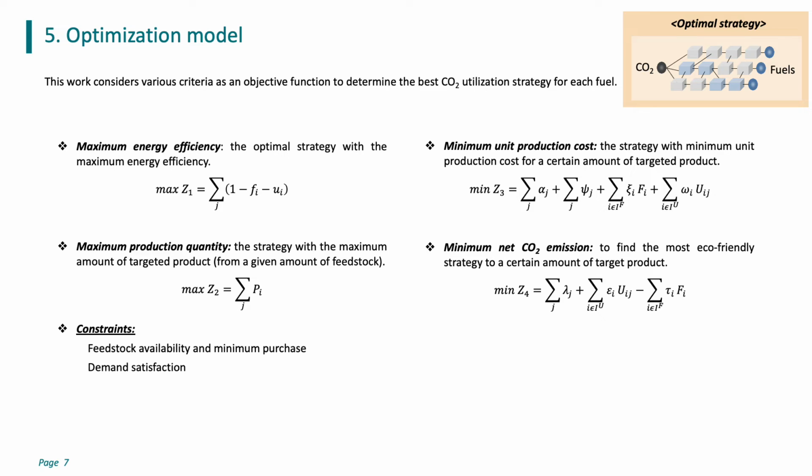As you can see here are the 4 objective functions and the model formulation. The constraints are feedstock availabilities and minimum purchase, that is, the feedstock purchase with upper bound of the minimum purchase and lower bound by feed availability. Also, the model is constrained by demand satisfaction.